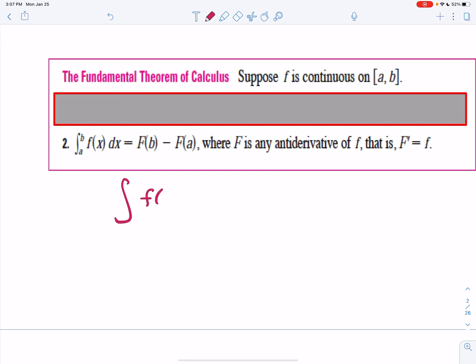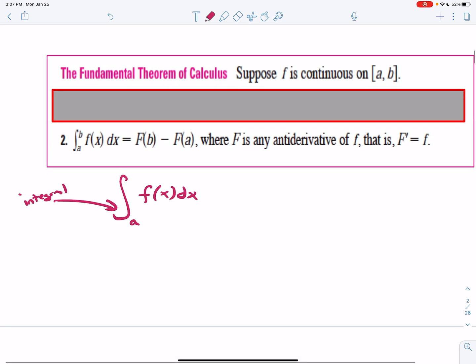This, again, is called the integral, okay? So the way we read it, again, is the integral of f of x dx from a to b. So you guys understand it as the antiderivative. And, in this case, they'll use the capital F representing the antiderivative.